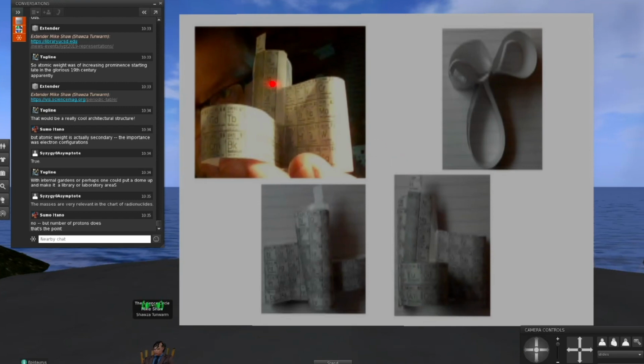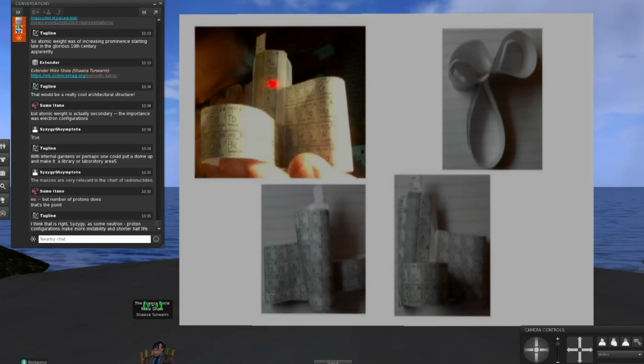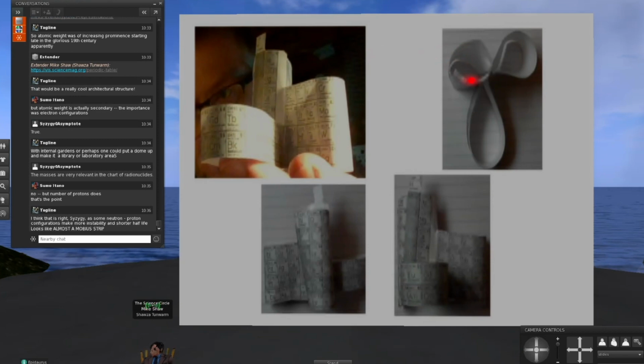So what I did is cut out a periodic table, and basically I have a main cylinder, which corresponds to, I think, right here, the main group elements, spiraling down from hydrogen and helium.